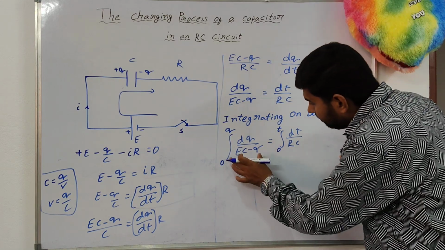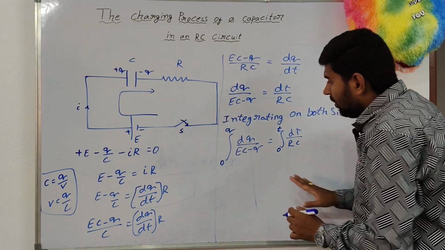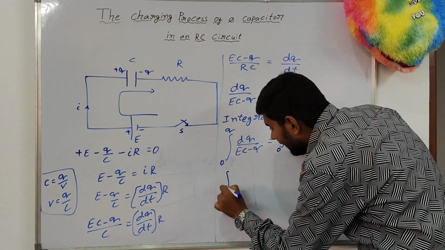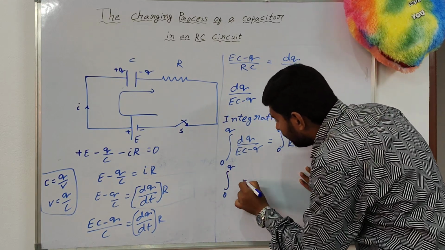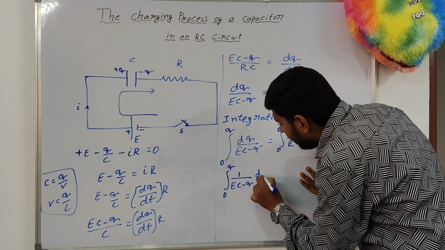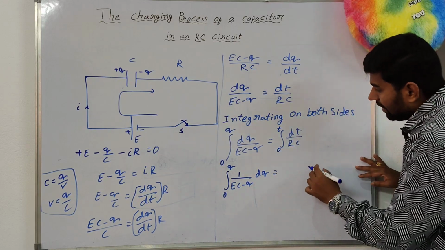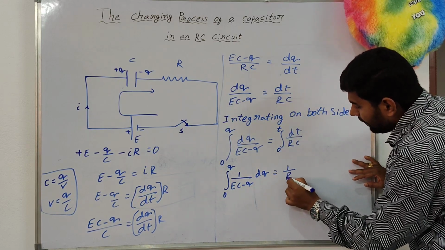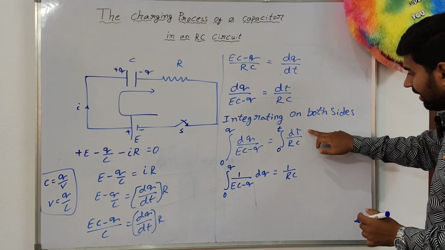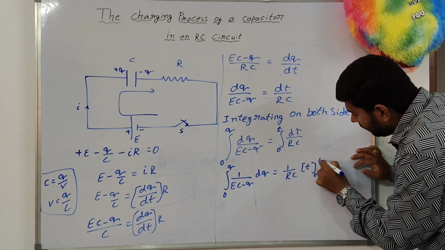now if you observe, how to integrate this one? Integral 0 to q of 1 by EC minus q into dq is equal to, since 1 by RC is a constant, I can take 1 by RC out. What is the integral of dt? It will become t only, with the limits 0 to t.